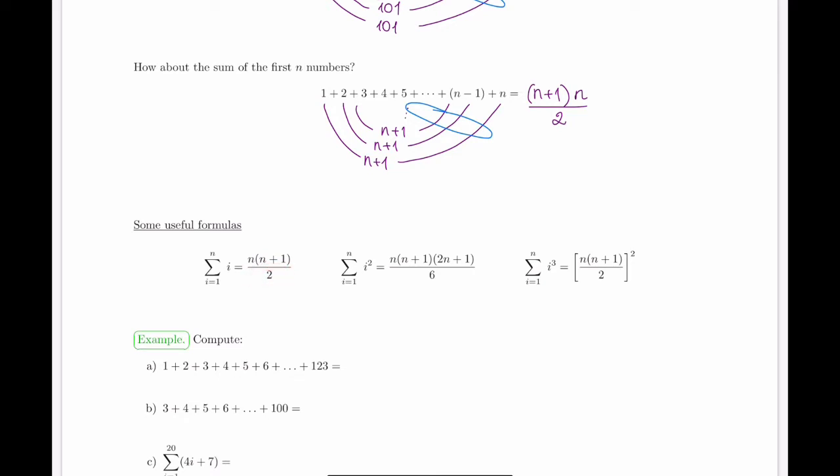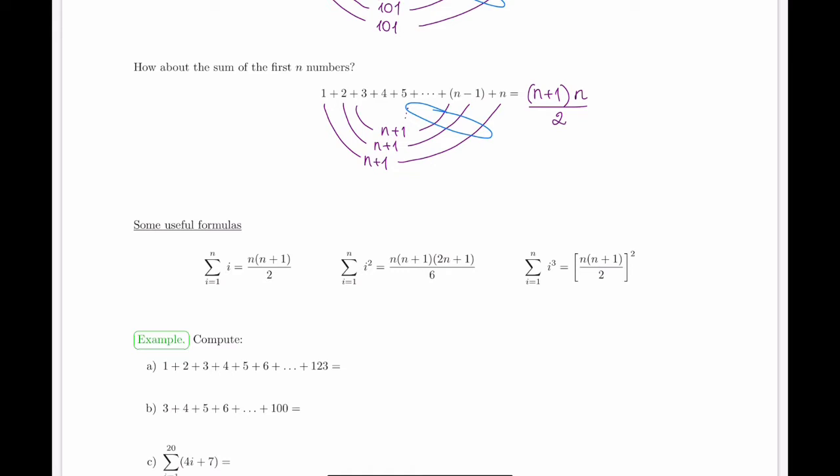Notice that independent of whether n is even or odd, this will in fact produce an integer, because either n is even, and therefore it's divisible by 2, or n plus 1 is even, and then that's divisible by 2. So you're never going to be in danger of getting a fraction on the right-hand side here. Now I can derive other formulas.